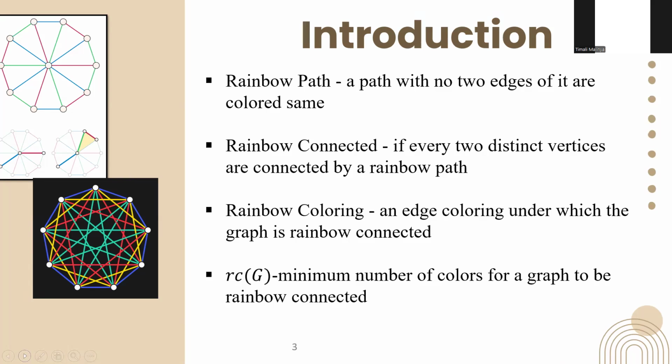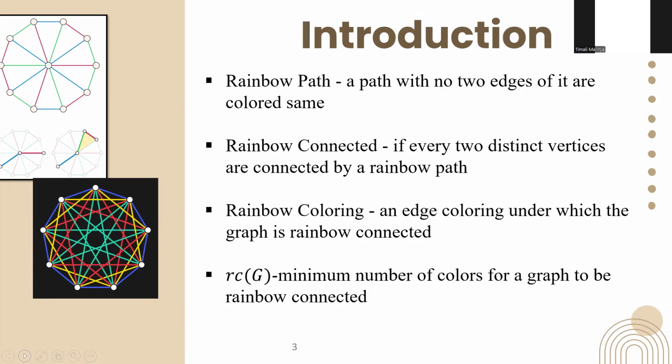This concept carries a significant real-world importance. In network security, a rainbow path ensures that a message travels through a sequence of completely distinct communication networks, making it significantly harder for an attacker to intercept the full message.